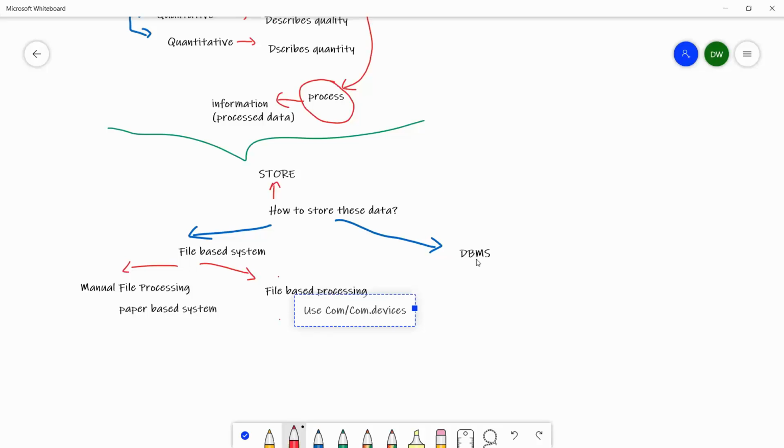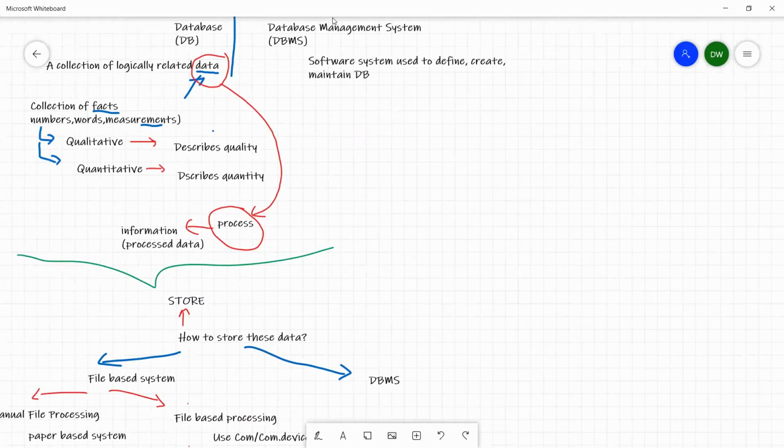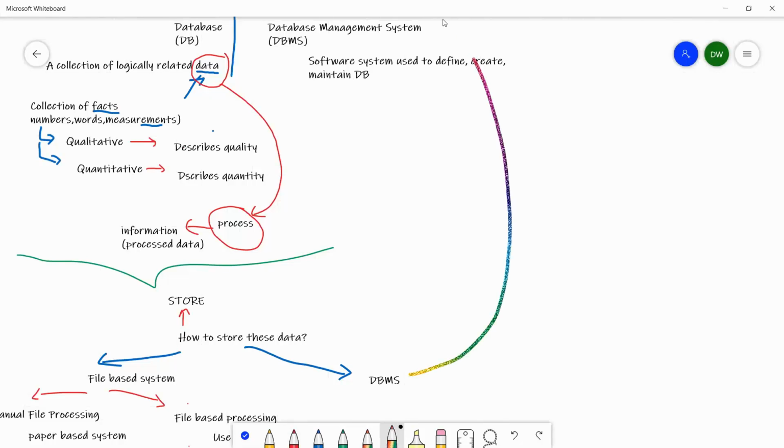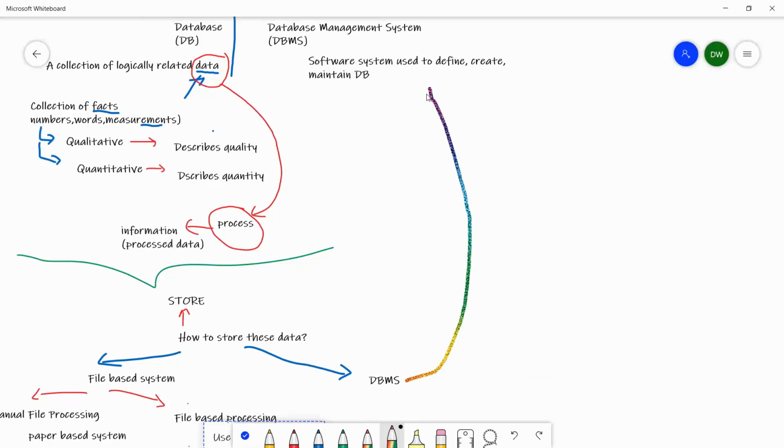On the other hand, we have another way to store data, that is the database management system, right? I already discussed the term database management system up there, so if you refer to that, I have written the term here. A database management system is software which is used to define, create and maintain your database.